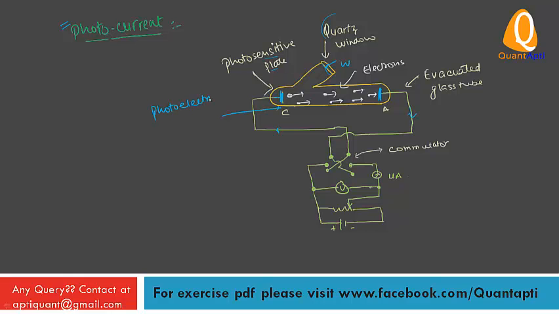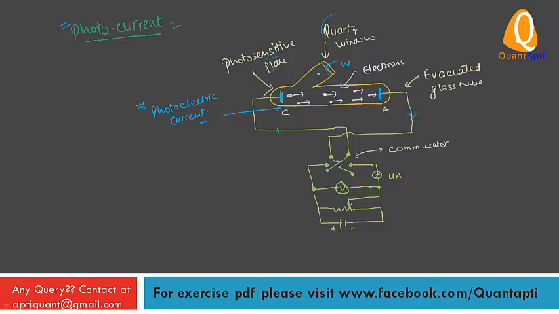Why is it named photoelectric current? Because the source for this current is photoelectrons, so it is named photoelectric current. Now the photocurrent can be increased or decreased by varying the magnitude and sign of the anode potential with respect to the cathode.